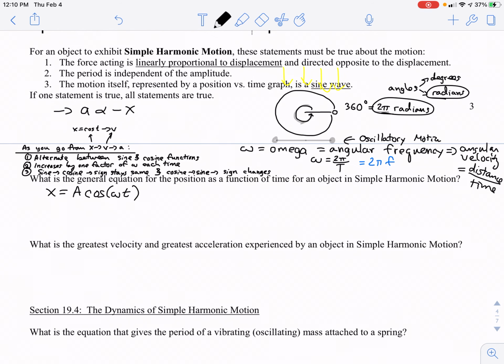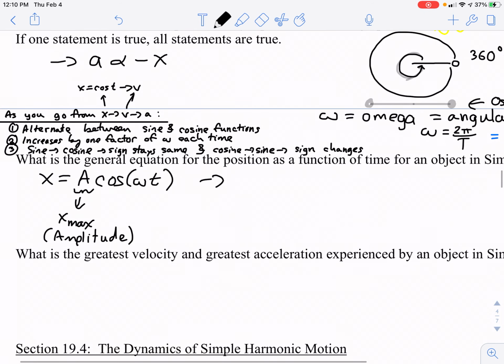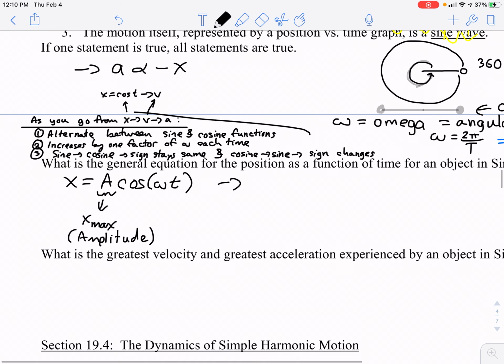However, let's also relate this to the fact that you can also have velocity and acceleration as a function of time too. Please note that this term here in the front, this is the amplitude, or x max. Now, to get the velocity function, let's use the steps we have here to figure that out.